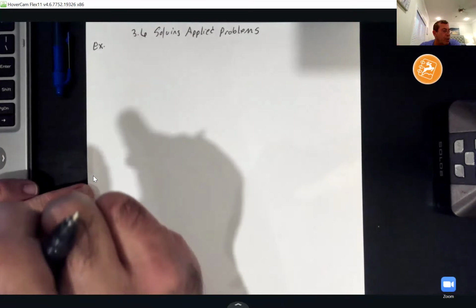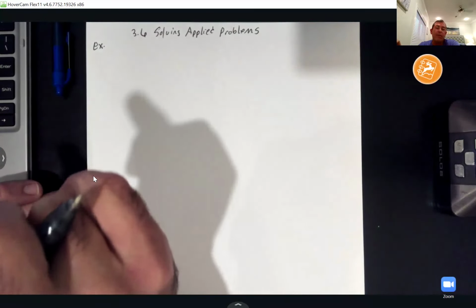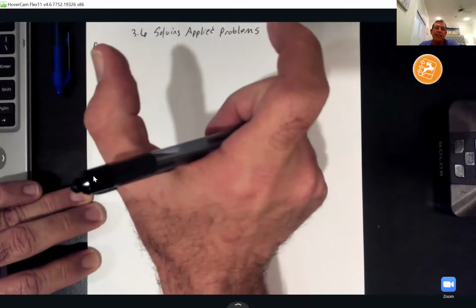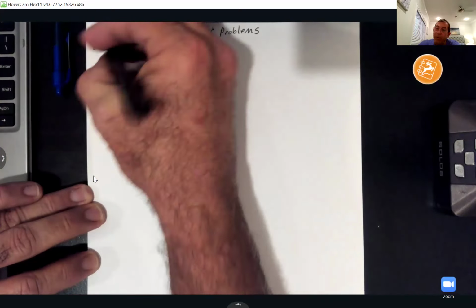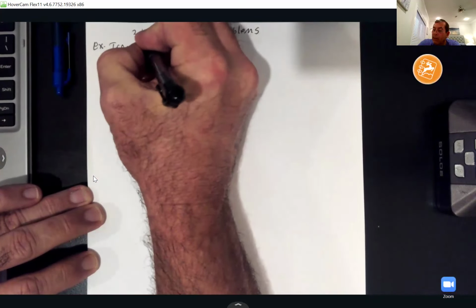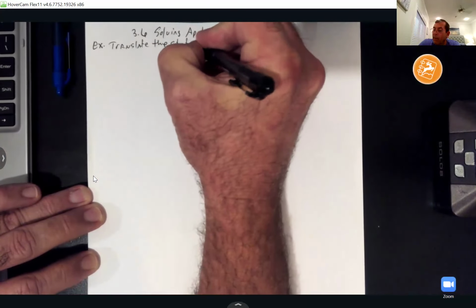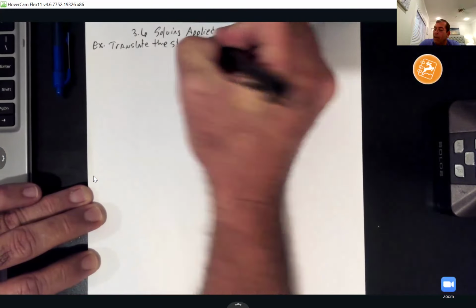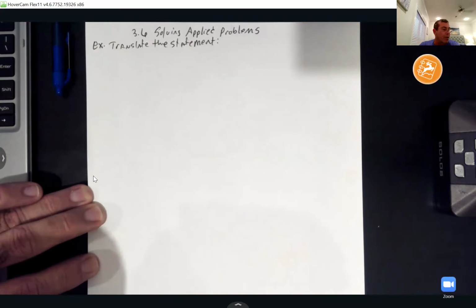They just want us to translate a statement from a word sentence into a mathematical expression. So they want us to translate the statement, sort of like we did in the 3.6 support the other day.